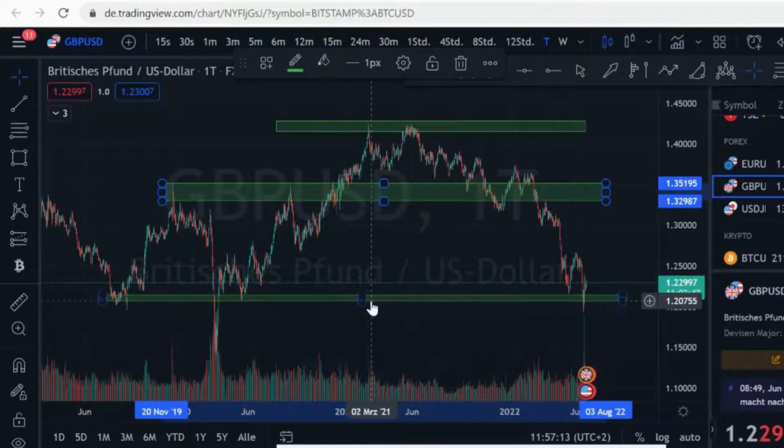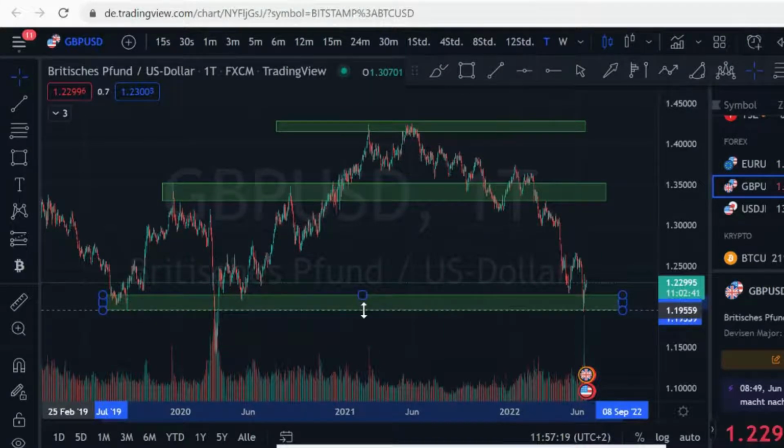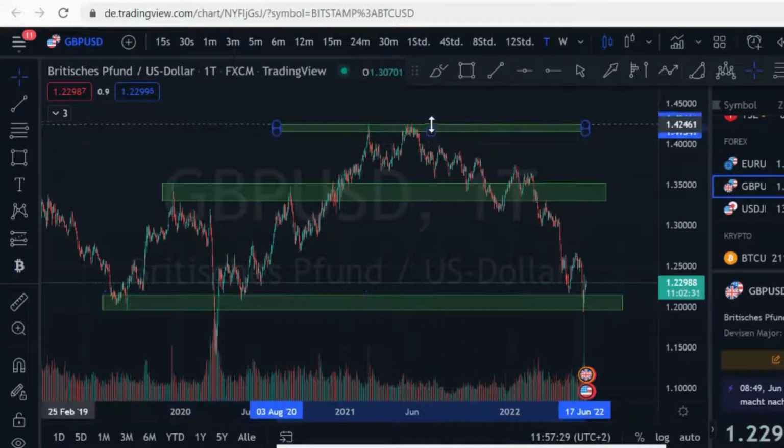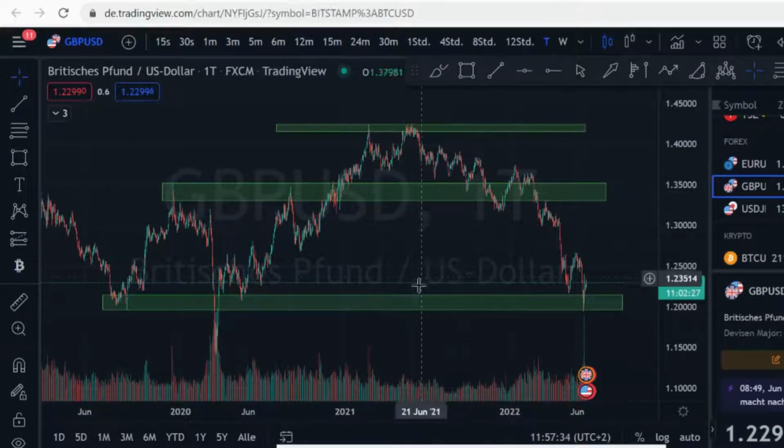And now you can go and adjust this. So make it a little bit bigger to get the most touches out of it, or the significant touches. So that is the thing you can do. So this one a little bit smaller, the other one a little bit bigger.